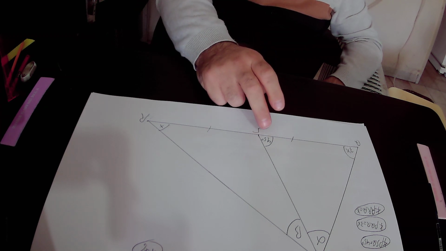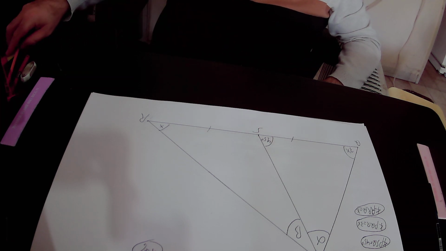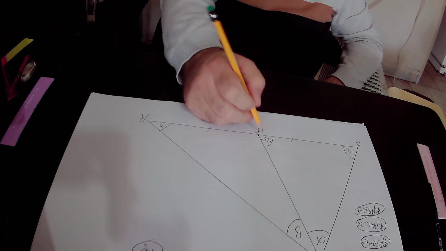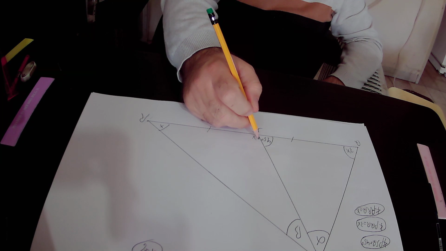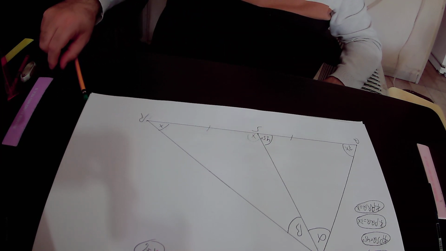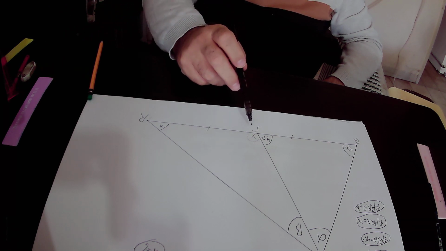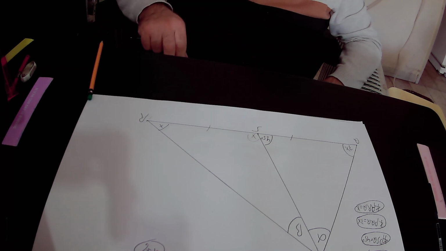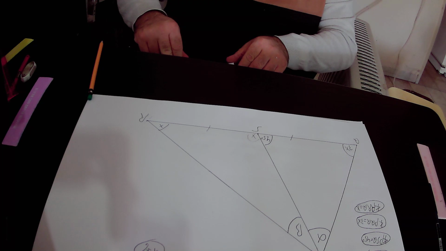So here at point S we have 45 degrees, and we define this angle as angle X, and according to the rule that I mentioned, 45 degrees plus angle X must be equal to 180 degrees.